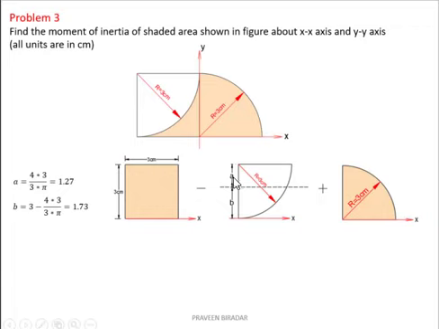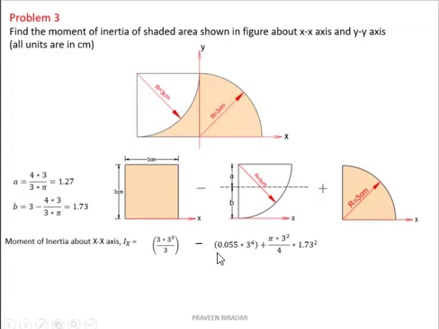So this is first, from the top, this distance A is nothing but 4r by 3 pi, and this B is nothing but the total distance minus A, that is 3 minus 4r by 3 pi, 1.73. This is the B value. So moment of inertia about x-axis, Ix equal to, first with respect to base is bd cube by 3, minus the quarter circle, 0.055 into r to the power 4, that is moment of inertia about centroidal axis.